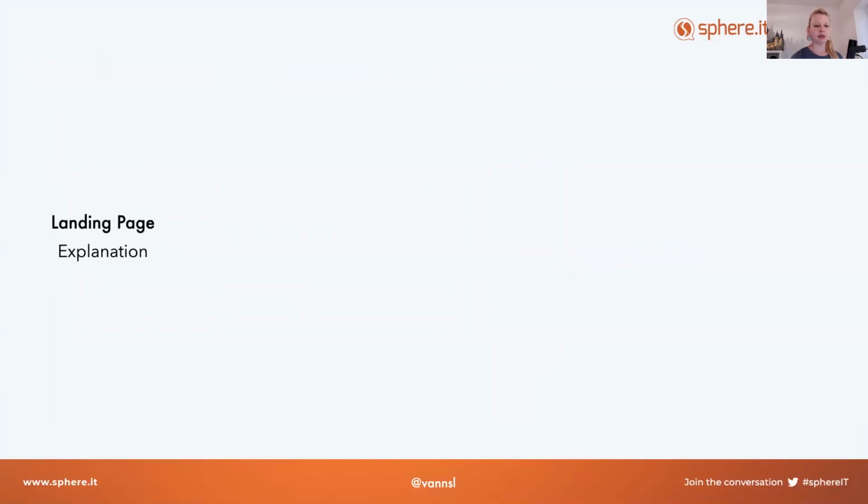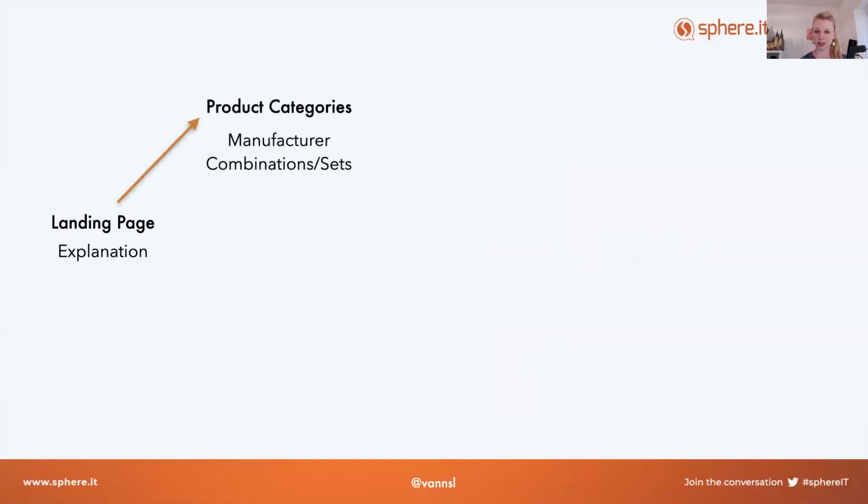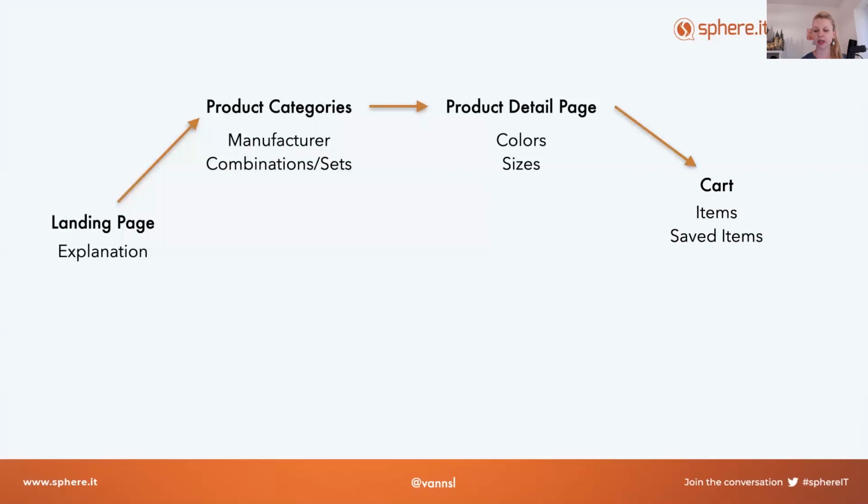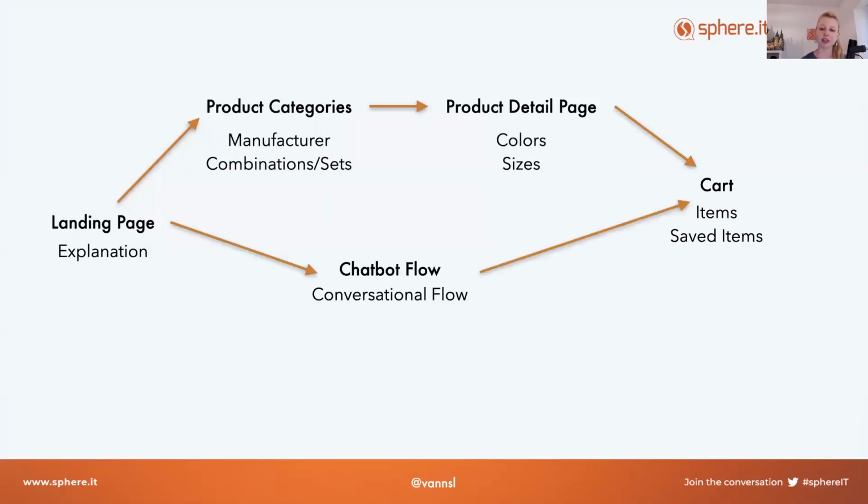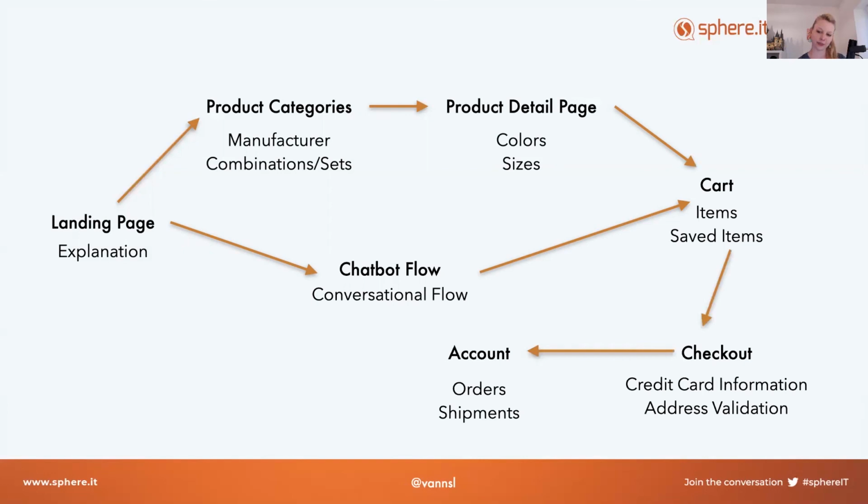But now let's think of what problems a micro front-end architecture should actually solve. So you come on the landing page, you go to these product categories, you go to the product detail page, you go to the cart. Maybe you even have a chatbot flow, a conversational flow for the user to make it more engaging. You have the checkout and you have the account.